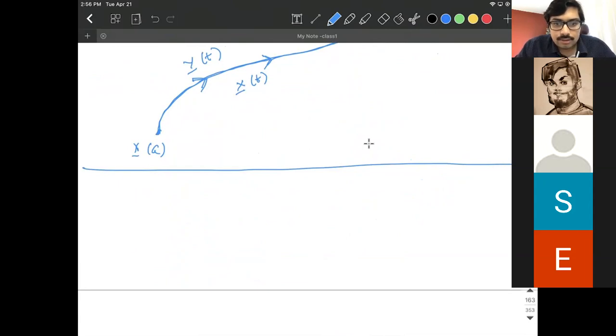Okay, so now we can state the main result here. So this is the main fact.